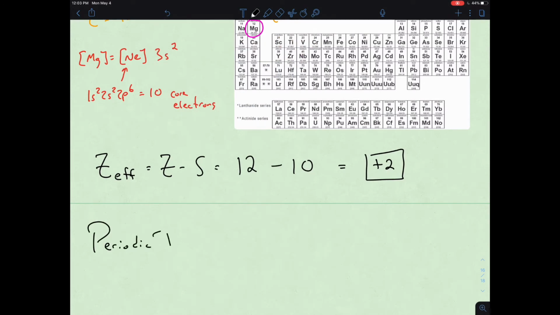The periodic table also has Z effective worked into it.